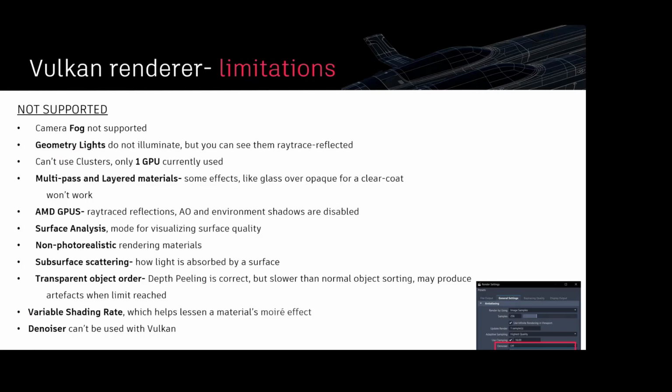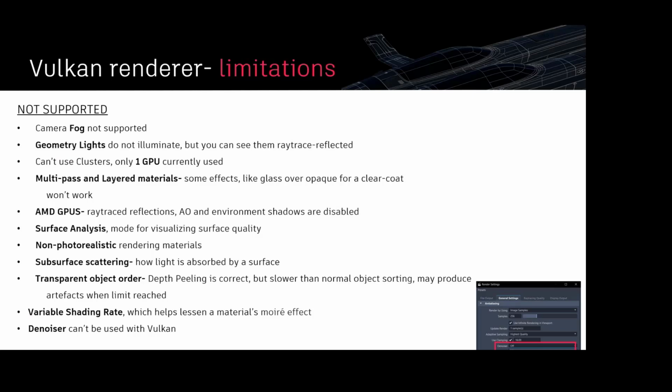Won't have surface analysis mode, where you could before analyze your surface quality in VRED, similar to the black and white shaders you have with the stripes in Alias. Non-photorealistic materials are not supported, nor is subsurface scattering.